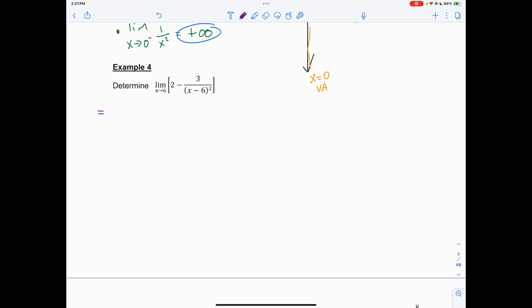So using my properties of limits, I can say that I'm taking the limit as x approaches 6 for the constant of 2 minus 3 times the limit as x approaches 6 for 1 over (x minus 6) squared. Well, the limit of a constant is just the constant.